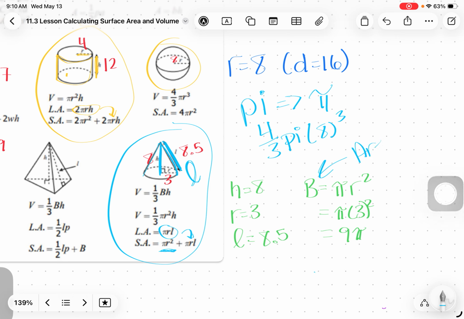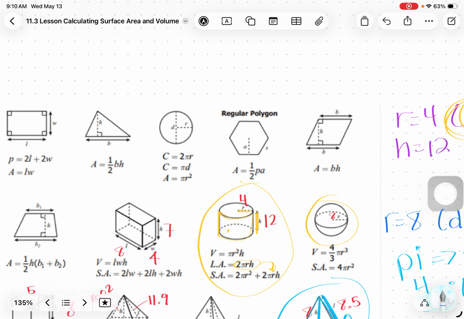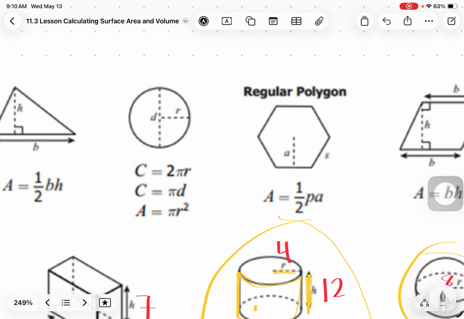It's the area of the base of that 3D figure. In this case, the area of the base is the area of a circle, which we talked about in the previous unit, is pi times the radius squared. If you don't remember that, very conveniently, the formulas for area of a circle are on the formula sheet.